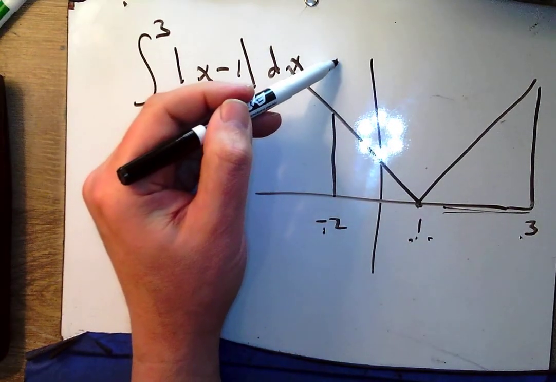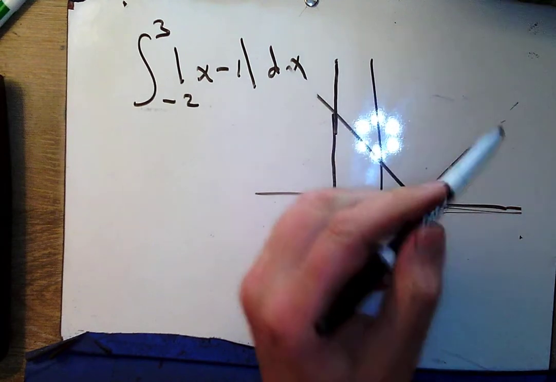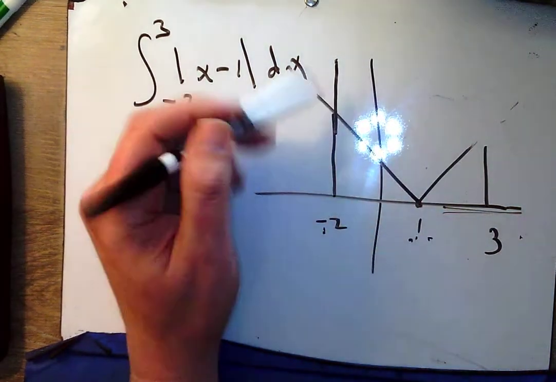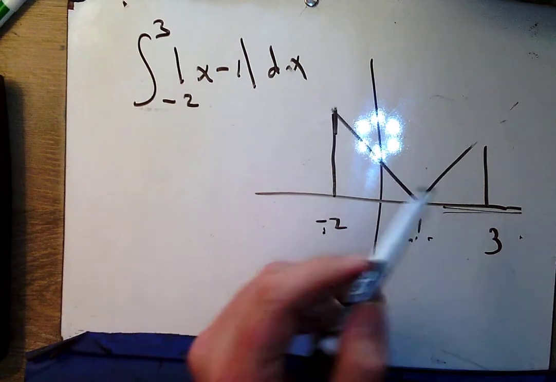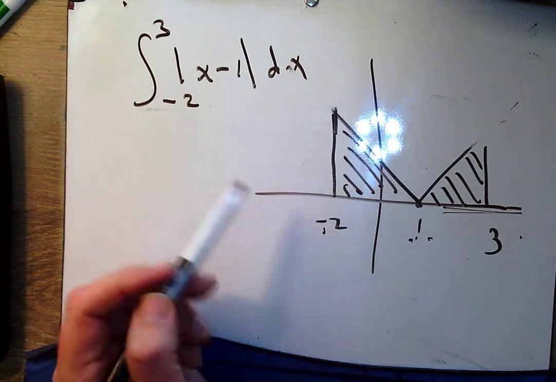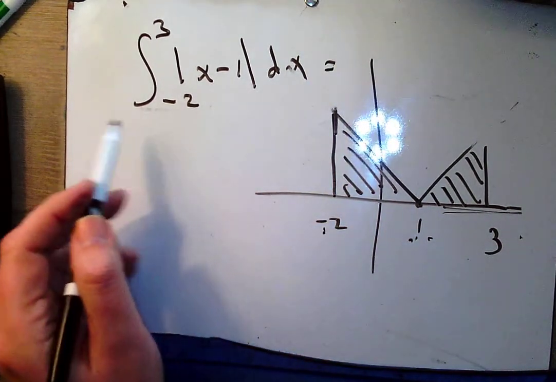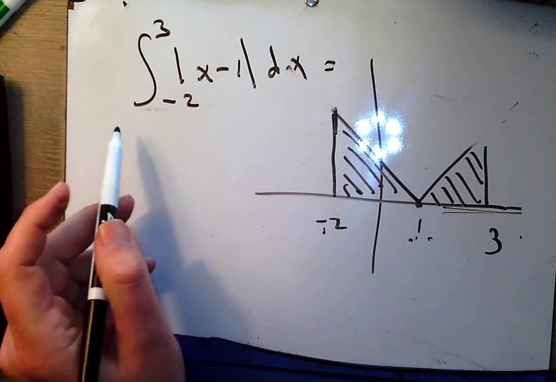This should have the higher height than over here. So let's see if we can fix that, at least visually. There we go. And so, yeah, I get 2 triangles. And I would like to appeal to the geometry of the situation rather than trying to write a piecewise function, which I could then integrate.